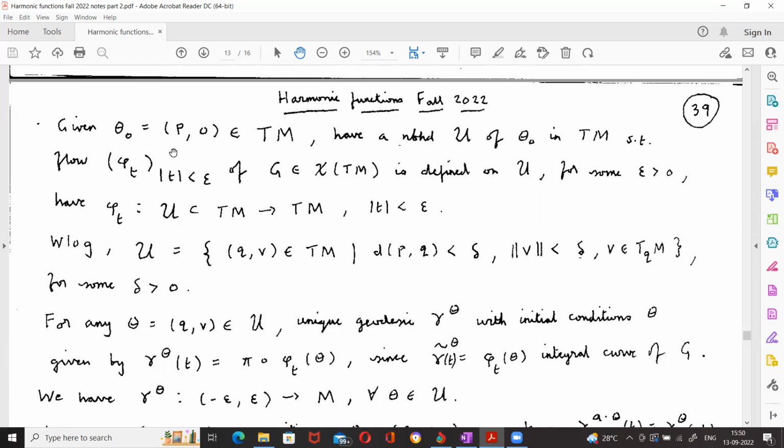Now this U is a neighborhood of an element of the tangent bundle of the form P comma 0. So what will a neighborhood of this look like?